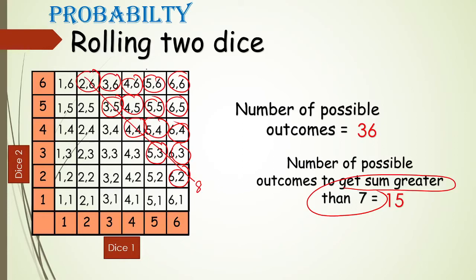If you count 1, 2, 3, 4, 5, 6, 7, 8, 9, 10, 11, 12, 13, 14, there are 15 outcomes where the sum is greater than 7.